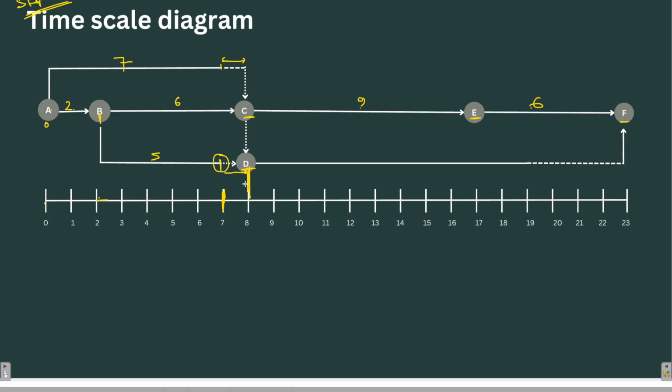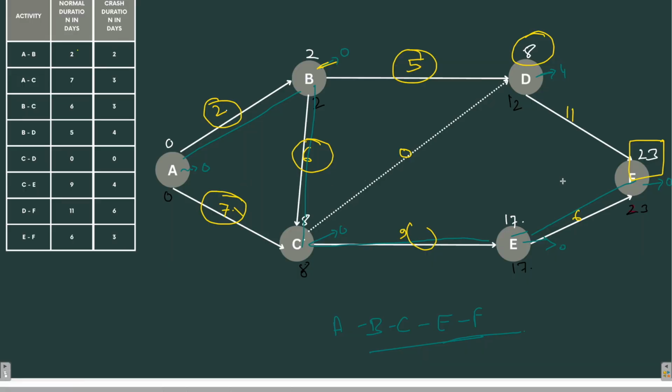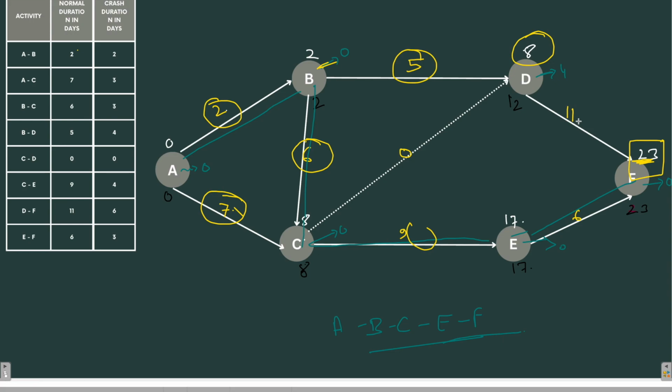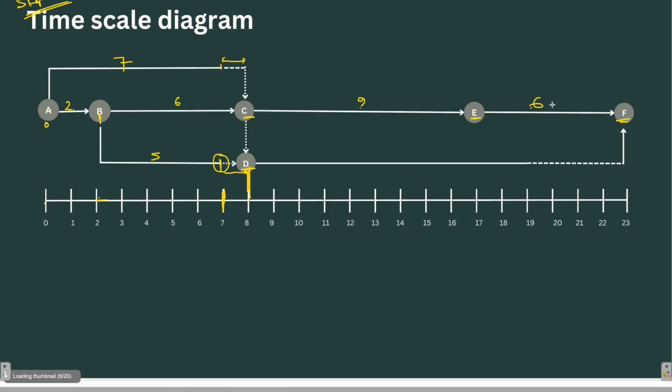Similarly, F activity, I cannot put it anywhere else but at the 23rd day. So I am putting F at the 23rd day, but DF takes 11 days. So from 8 plus 11, it is 19 days. So till the 19th day, I have drawn with a solid line.